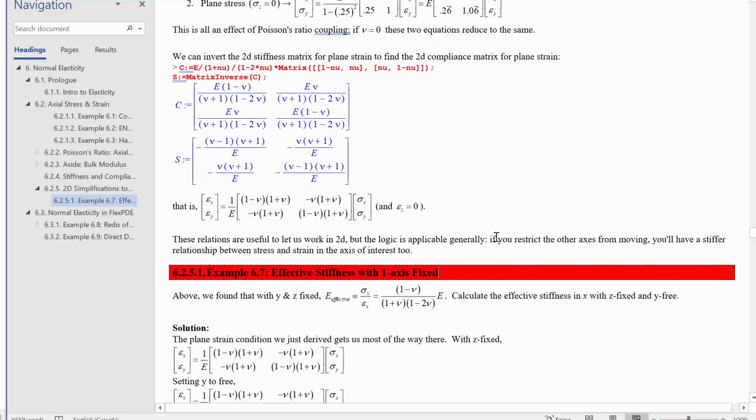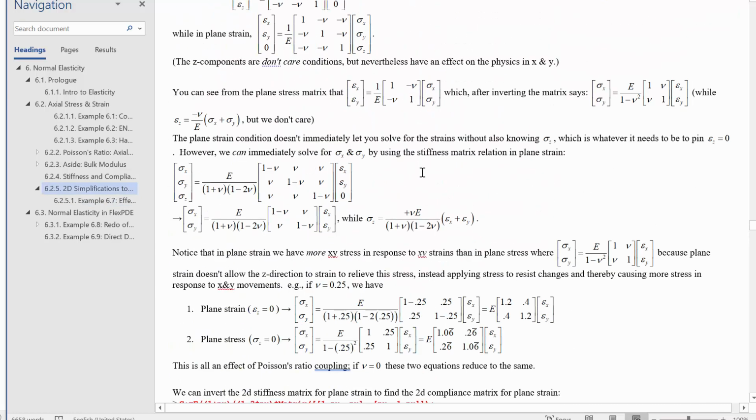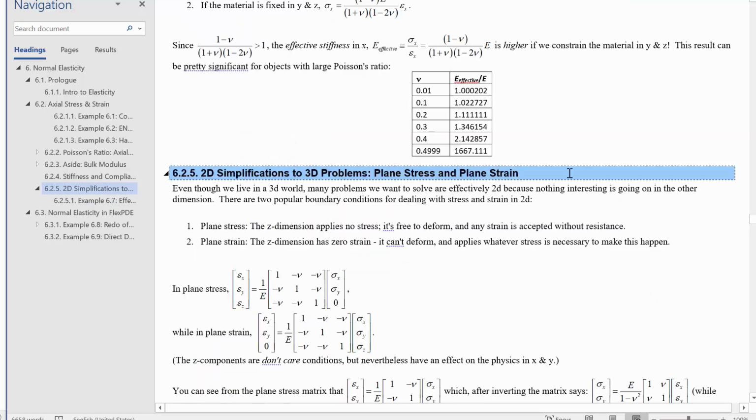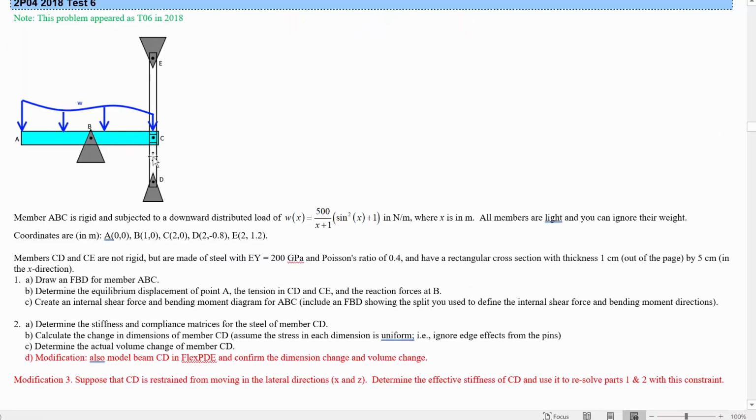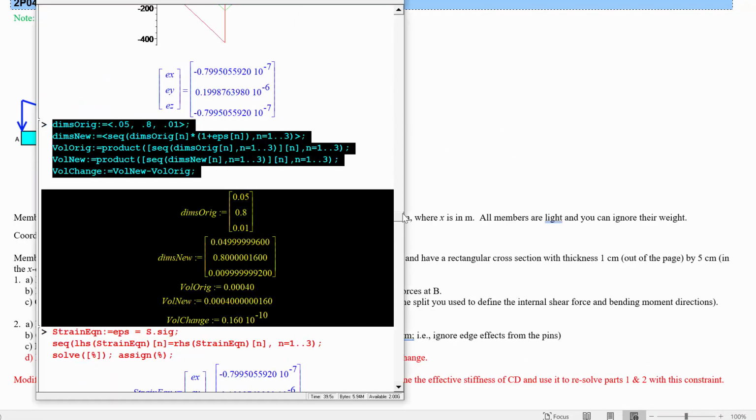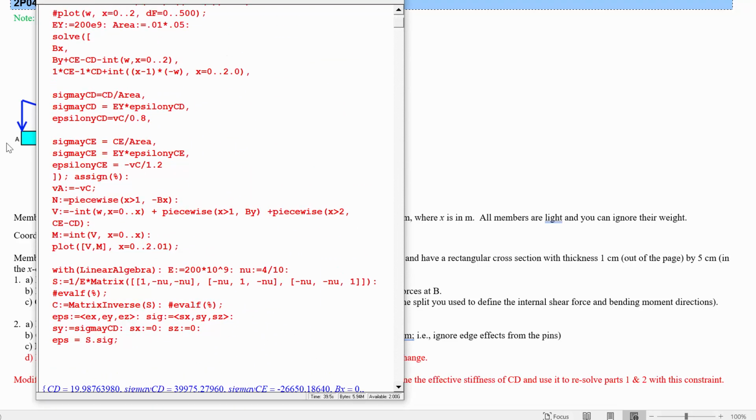If you have two axes fixed, we figured out that the effective stiffness that you use is actually this thing, which is a fair bit higher if the Poisson's ratio is higher. So it looks like we should have an effective stiffness for beam CD, which is larger by this amount here.